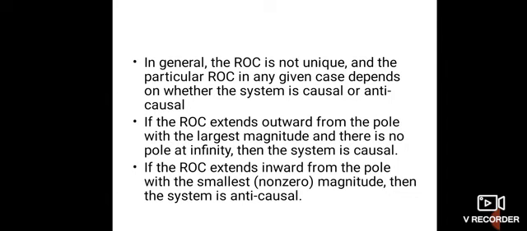And if it extends inward from the pole location, with the smallest magnitude but not equal to 0, in the previous case it is not equal to infinity, in this case it is not equal to 0, then the system is anti-causal. So if it is outward from the pole, it is causal, and if it is inward to the pole, it is anti-causal.